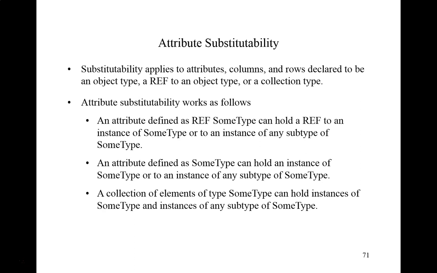An attribute defined as some type can hold an instance of some type or to an instance of any subtype of this type. And finally, a collection of elements of type some type can hold instances of some type and instances of any subtype of this type.